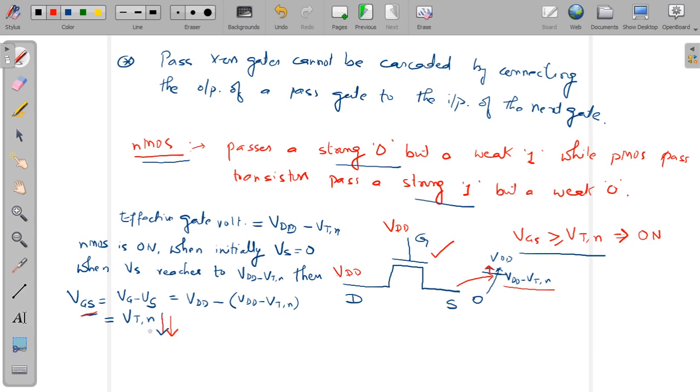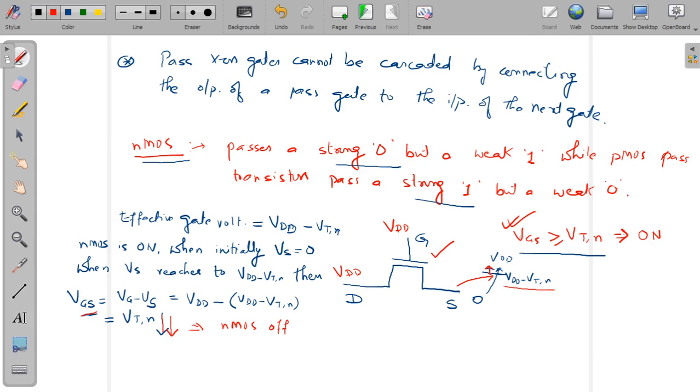And when VGS goes below VTN, that will indicate that the N MOSFET turns off, because this condition gets violated.